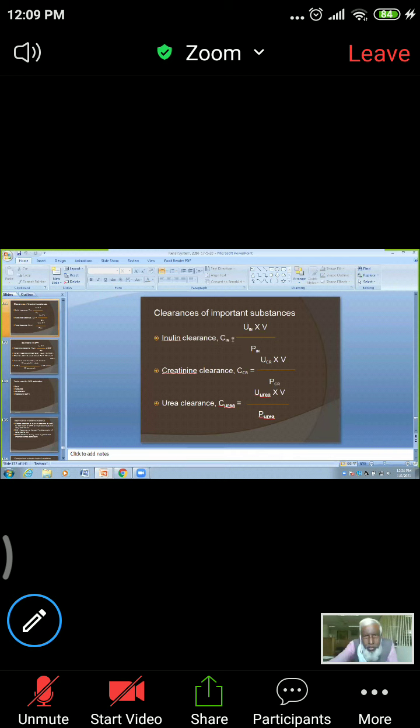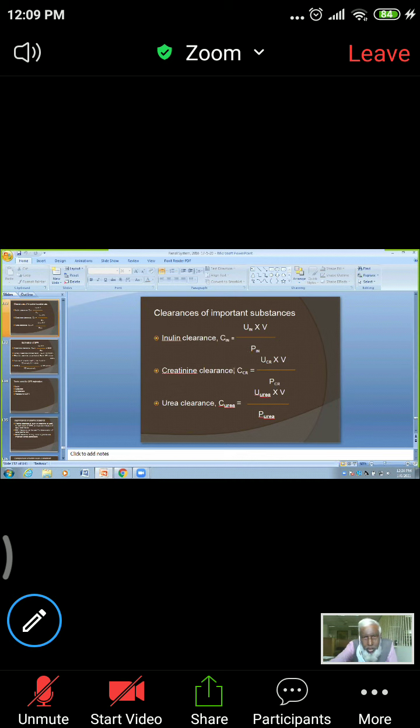Urinary clearance. Suppose we want to get the urinary clearance of inulin: the concentration of inulin in urine into the volume of urine passed per minute, divided by the concentration of inulin in plasma.